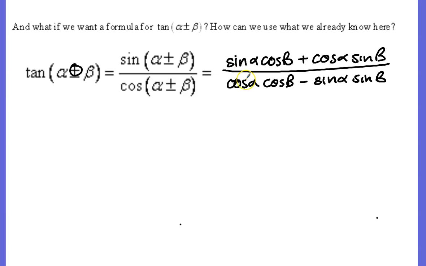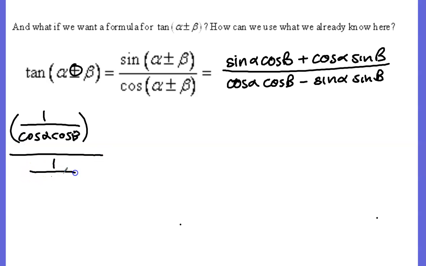Really weird, but just trust me. I'm going to multiply the top and the bottom of this fraction by 1 over cos alpha cos beta. I'm doing that to the top and to the bottom. So remember, if I do the same thing to both, it doesn't actually change it. Okay. Whew, this is a long one.